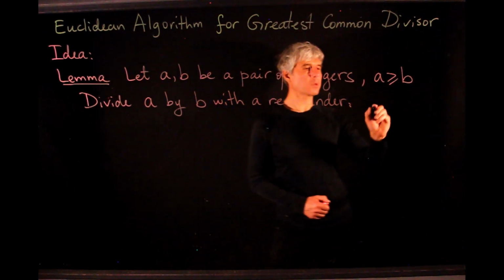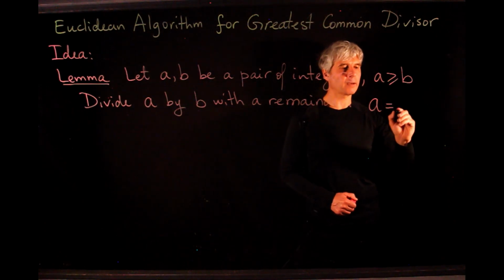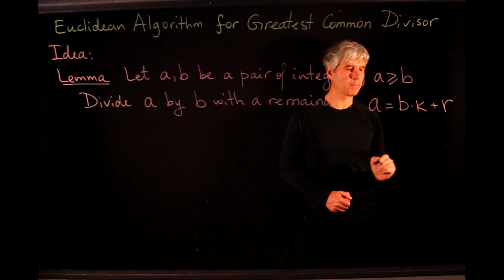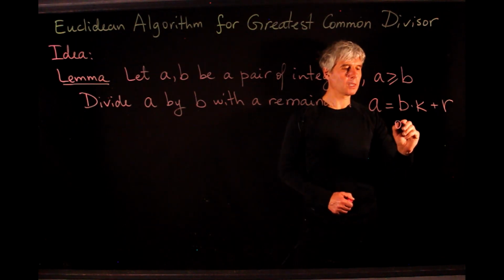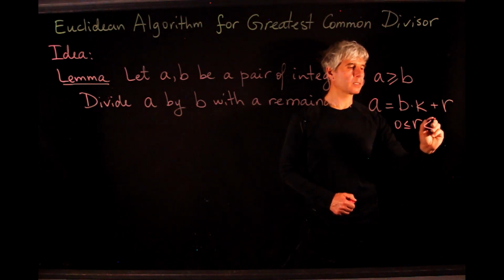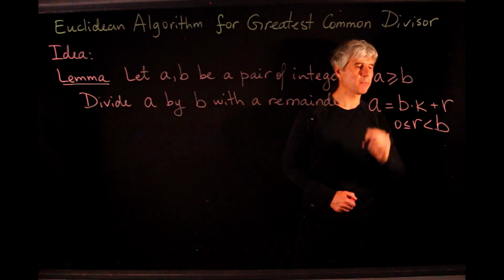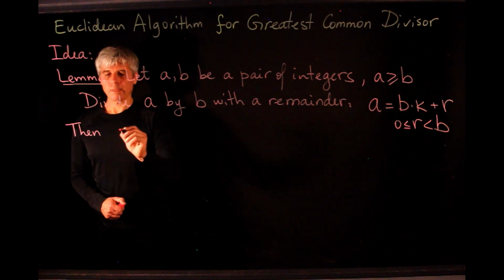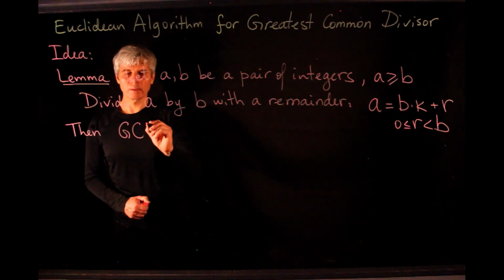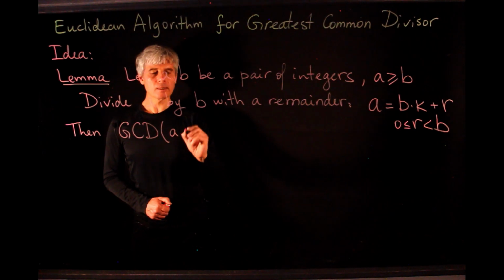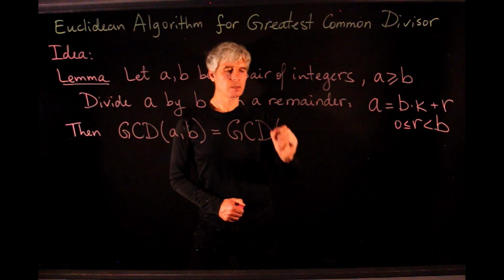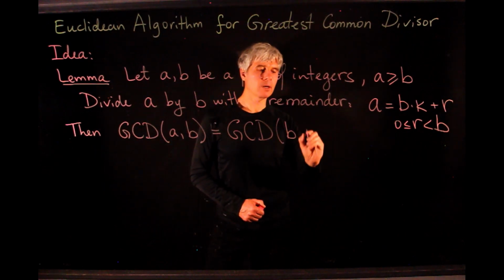This means that we write a as b times k plus a remainder r, where r is between 0 and, strictly less than, b, because we're dividing by b. Then the claim is that the GCD of a and b is equal to the GCD of b and r.